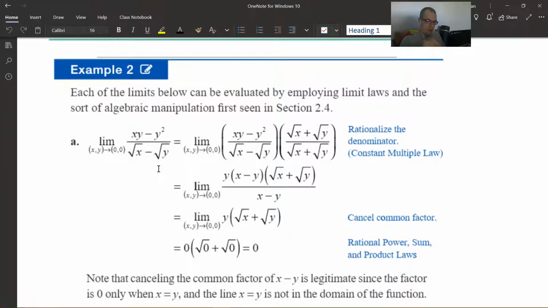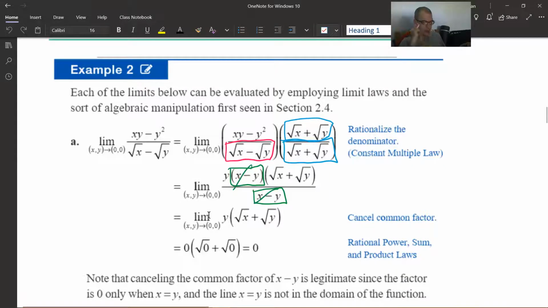But coming to the rescue is this conjugate over here. So we look at our denominator, we've got the square root of x minus the square root of y, and that's ugly. So we multiply by the conjugate over the conjugate of that, getting our difference of squares factor pattern so that we just get a nice x minus y in the denominator. But what's nice about this whole process is that we get a matching x minus y in the numerator.